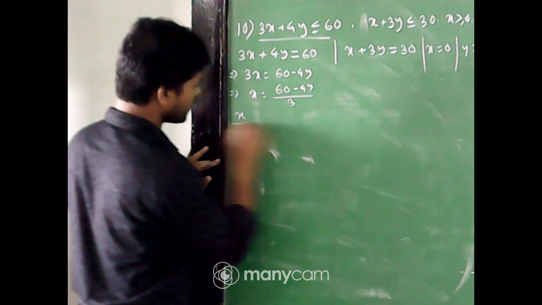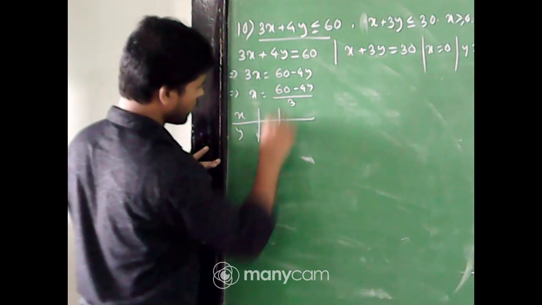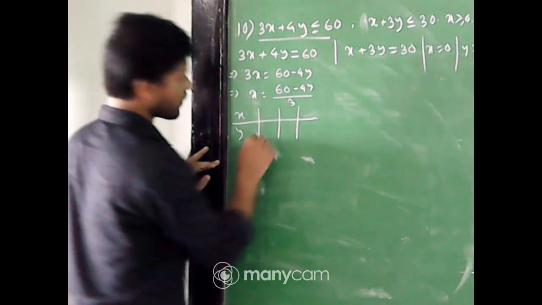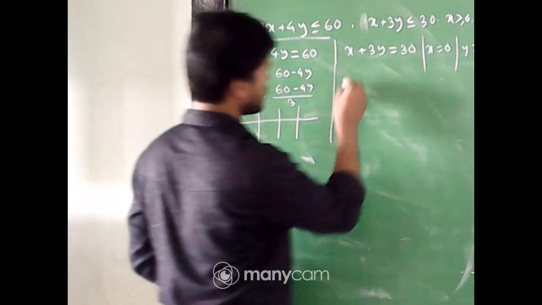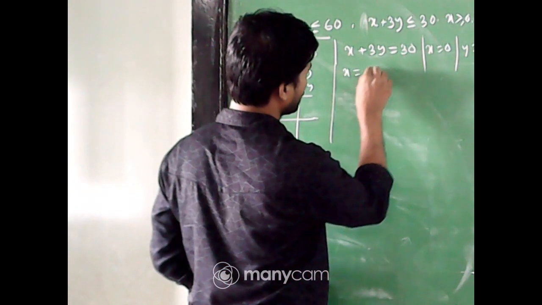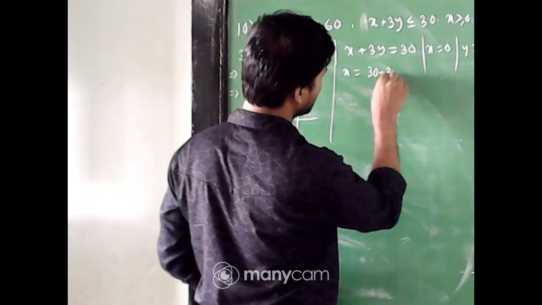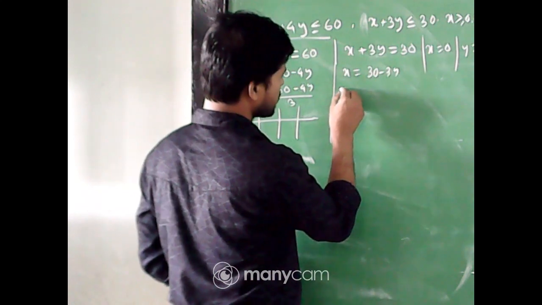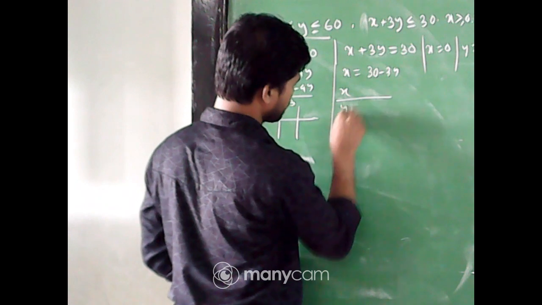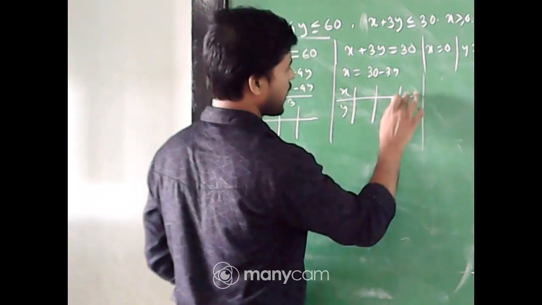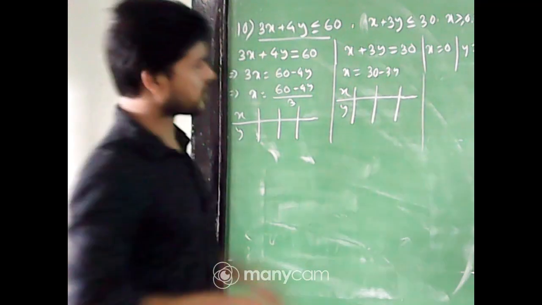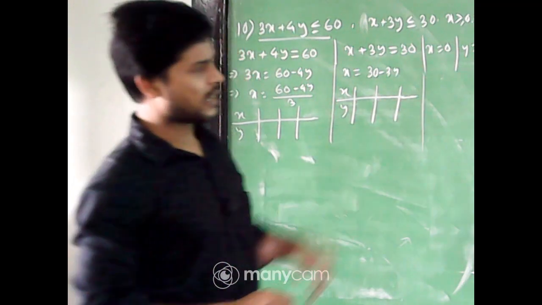So from here find a set of solutions. From the other equation, x will be equal to 30 minus 3y. So from here also set up a set of solutions. And x equal to 0 is the y axis, and y equal to 0 is the x axis.